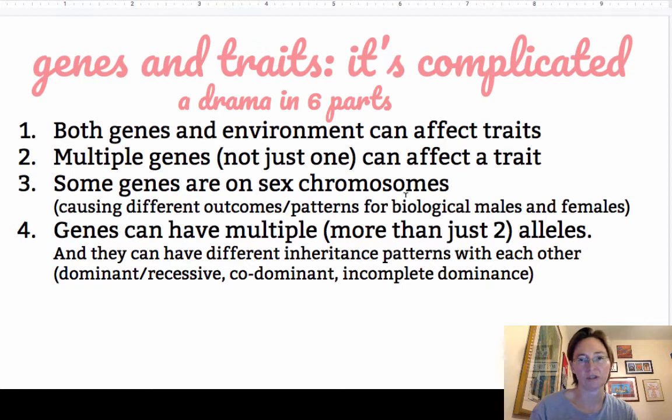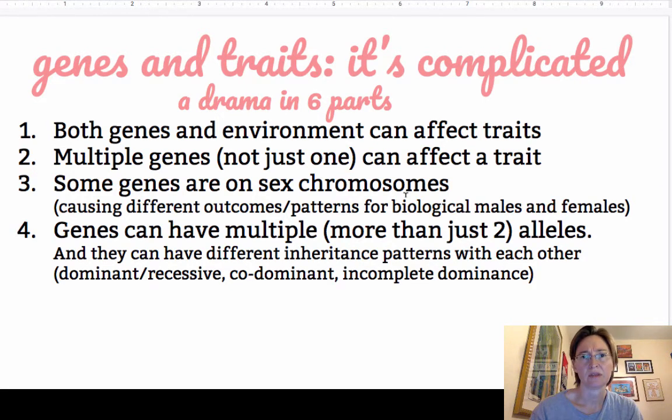And each of those versions, each allele, may have a different relationship with each other. So one might be dominant to another one that might be recessive to it, but it might be codominant or incompletely dominant with another allele.